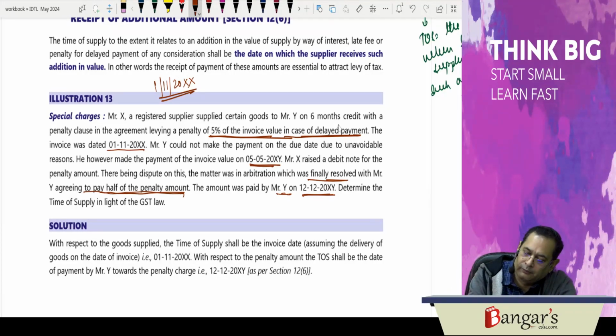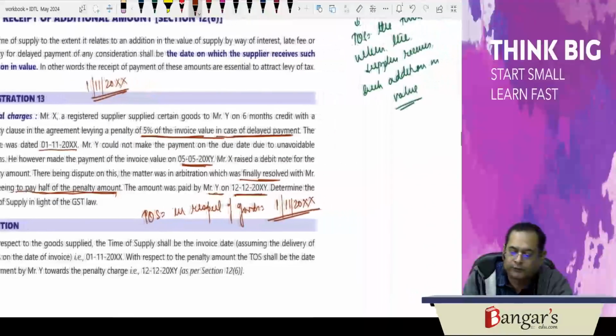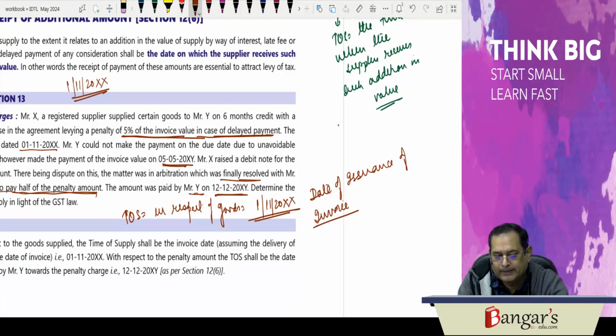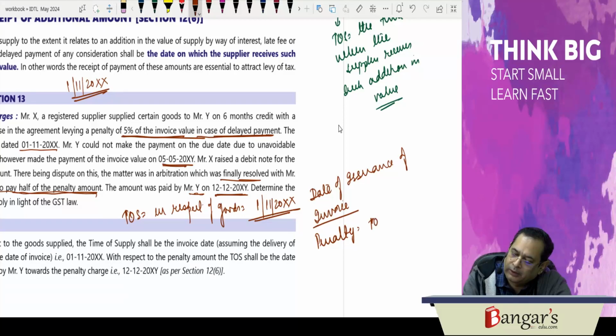So basically, the time of supply in respect of goods will be 1st of November, that is the date of issuance of invoice. And in respect of the penalty, what is the time of supply?